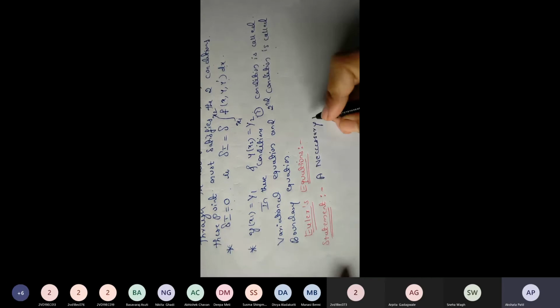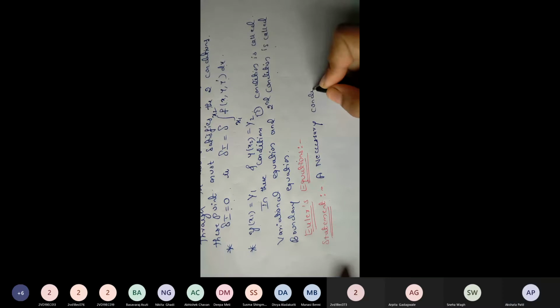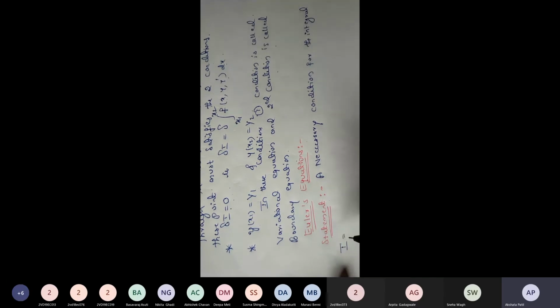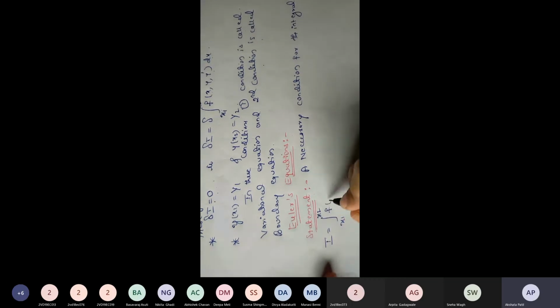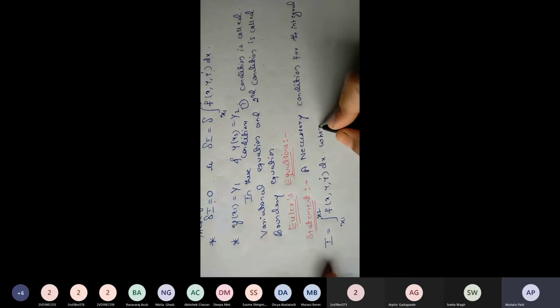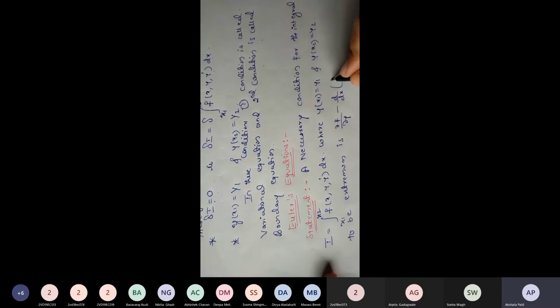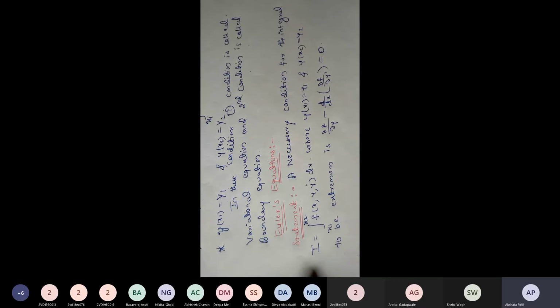The statement says that a necessary condition for the integral capital I equals the integral over x1 to x2 of f of x comma y dash dx, where y of x1 equals y1 and y of x2 equals y2, to be an extremum, is dou f by dou y minus d by dx of dou f by dou y dash equals 0. This is the statement of Euler's equation.